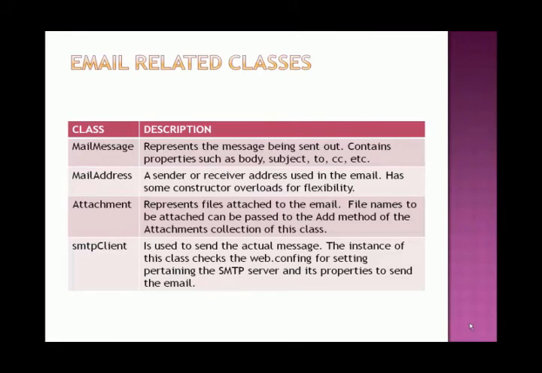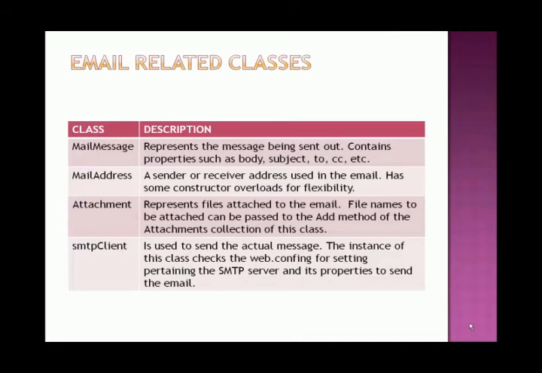The first class is MailMessage, and this class represents the message that you are going to send. It has several properties such as Subject, Body, and so forth. The Subject property is the subject of the email. Its Body contains the actual email message. The To, CC and BCC properties can be set to the addresses of the email.